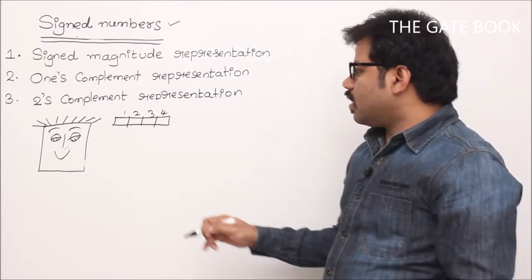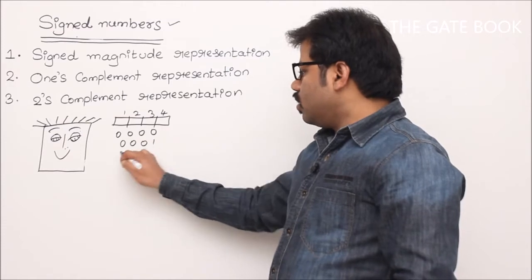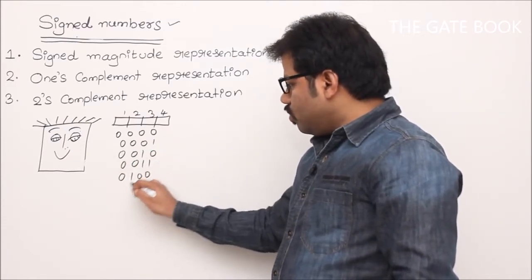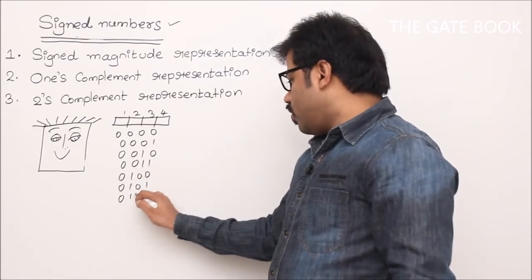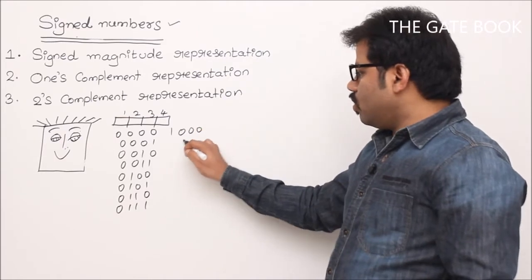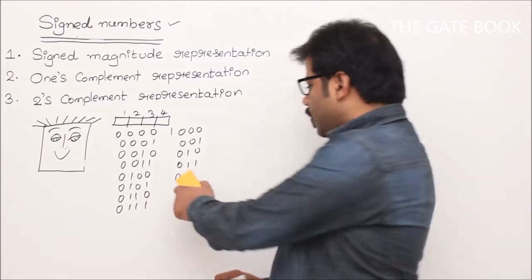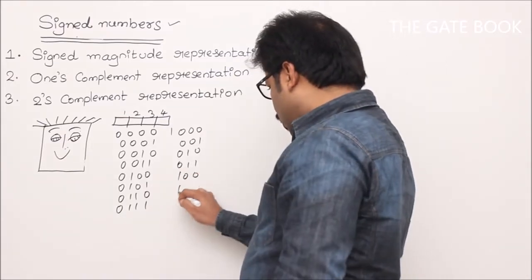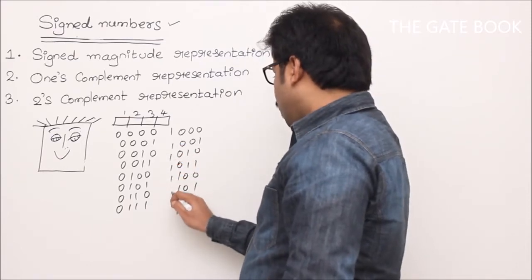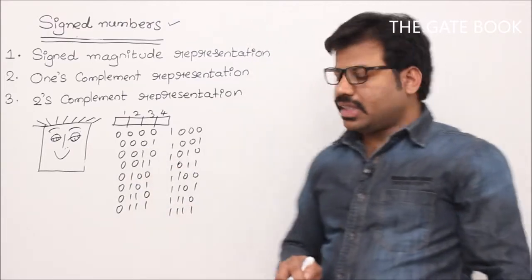Then how many patterns can be generated? 0000, 0001, 0010, 0011, 0100, 0101, 0110, 0111, then 1 followed by triple 0, 1001, 1010, 1011, 1100, 1101, 1110, 1111, correct? So 4 plus 4 is 8, and 8 plus 8, 16 patterns can be generated.